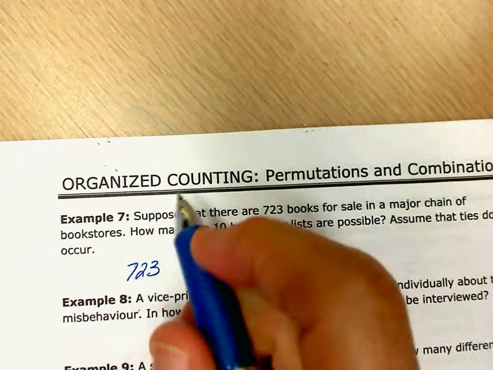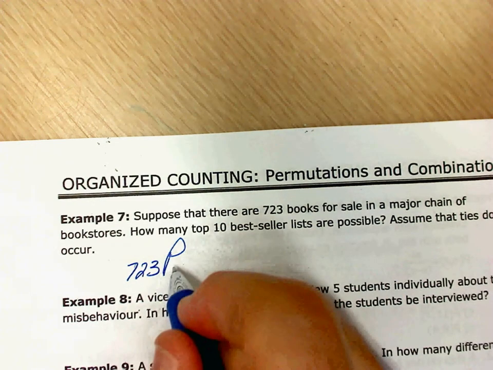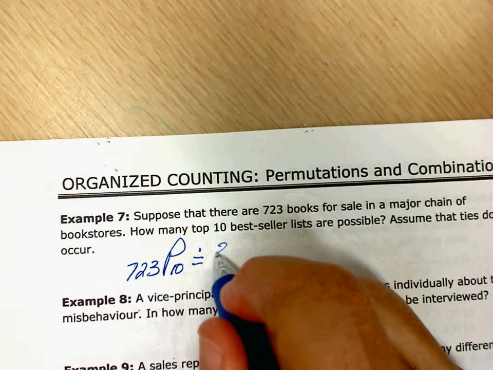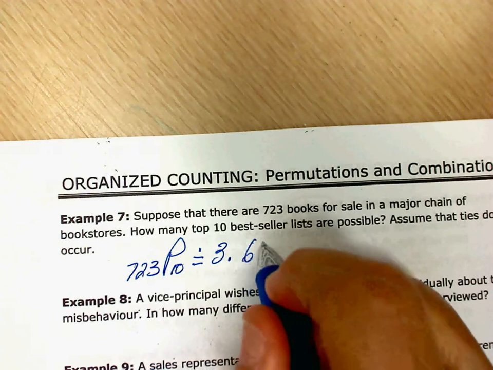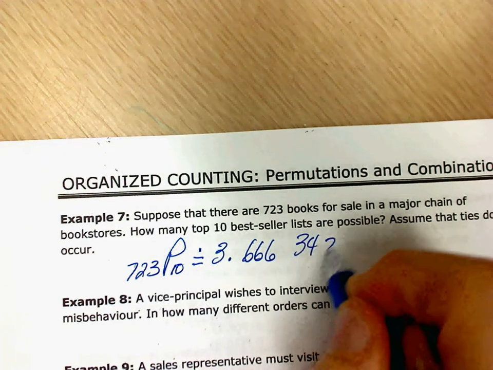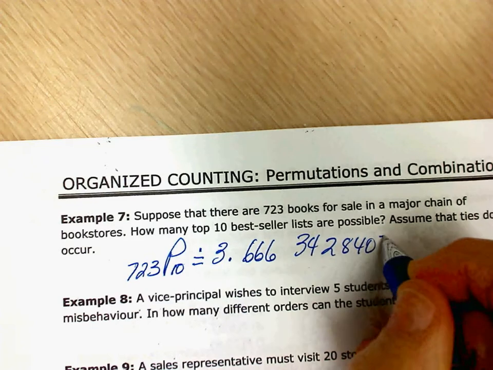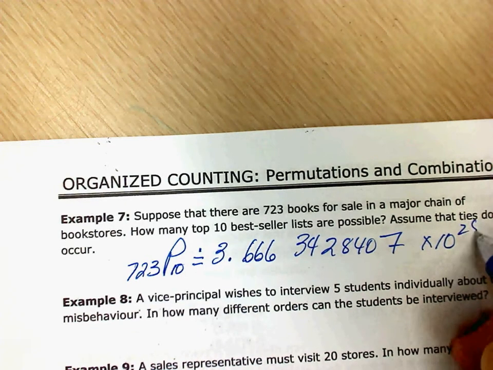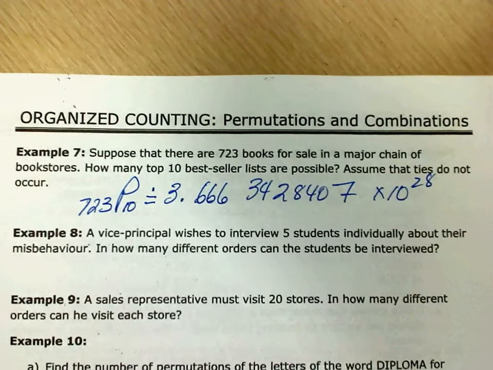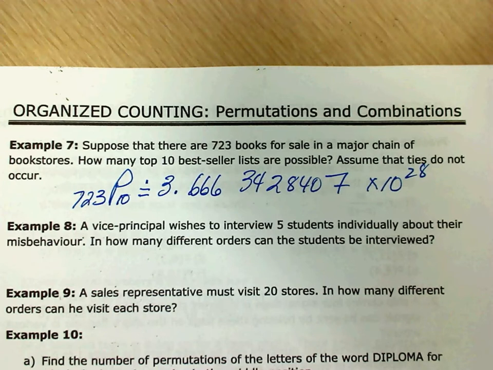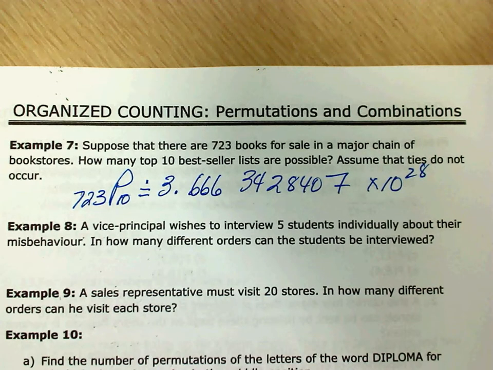So we can just go 723P10, and you will get approximately, now, even though I'm writing all the decimals from my calculator, it's still an approximate value because there's a lot of decimals that aren't there. Your calculator screen only shows so much. Can I answer any questions?